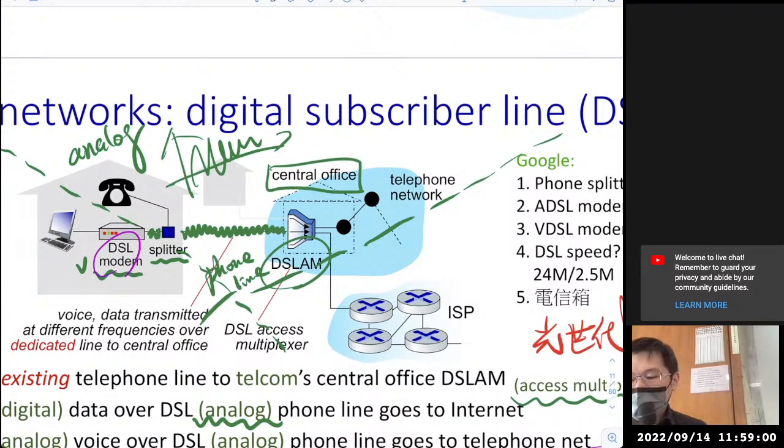Actually, they will replace, 这个中文就不知道，光化箱。They will replace the box on the curb with another technology, a fiber box. So basically, those purple lines are fiber, so that they don't have to maintain hundreds or thousands of phone lines connected back to the central office. They only need to use one single fiber line, which is the purple one right here.